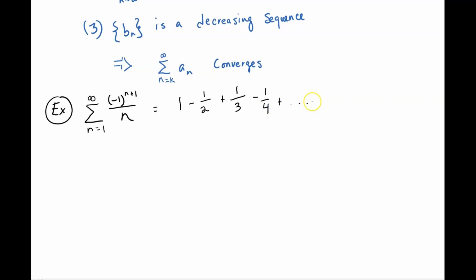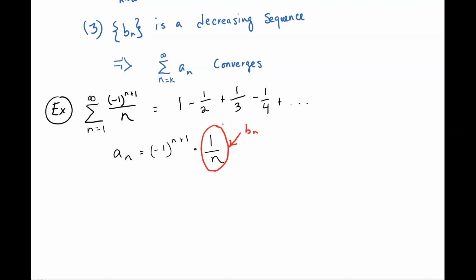So you should start seeing the pattern of this alternating series. What do we know? Let's pluck this apart. a sub n is (-1)^(n+1) times 1 over n. Let's examine our b sub n. This right here is our b sub n, and that looks familiar.